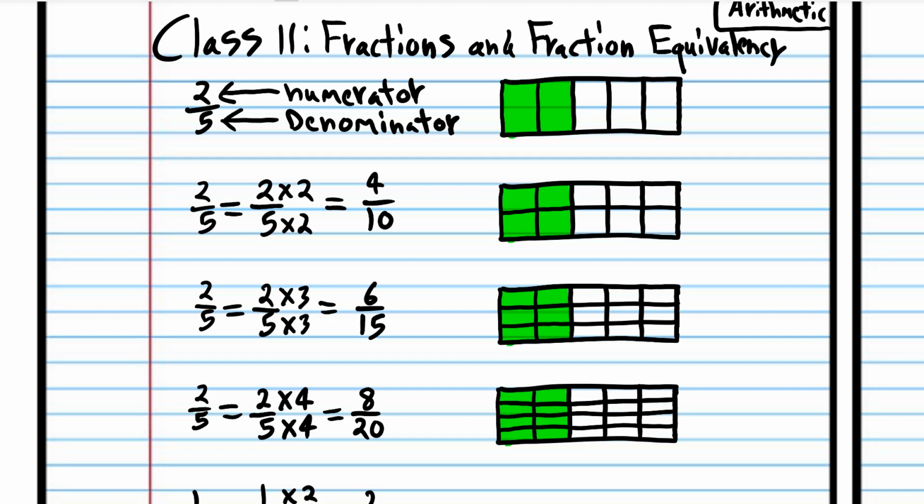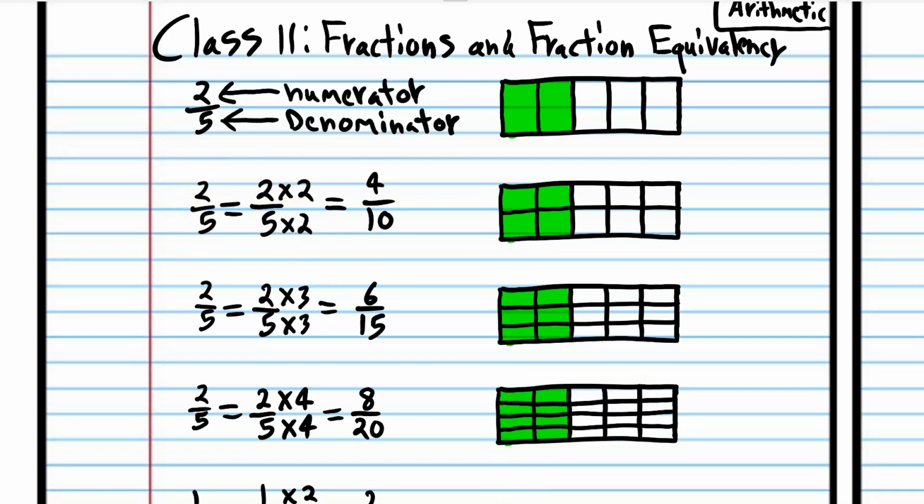What we did when we drew this line is we multiplied both those numbers, 2 and 5, by 2. Let me get rid of that highlighter. So we took 2/5 and we multiplied both sides by 2 to get 4/10.